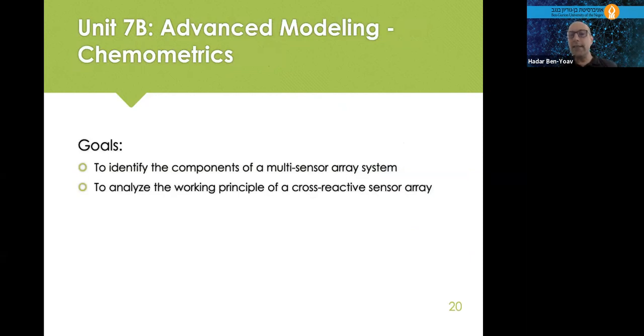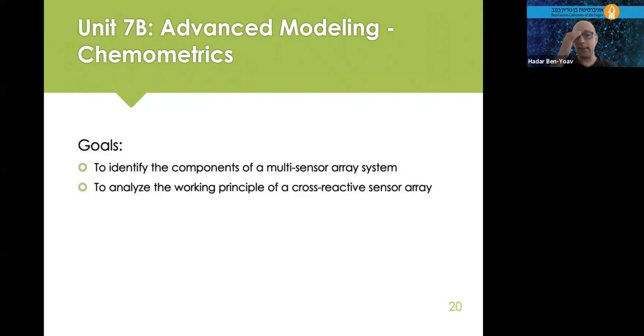Now, another important part of modeling is modeling the signal that is generated from the lab on a chip. And for that, we talk about some kind of advanced modeling applications. And we define it as chemometrics.